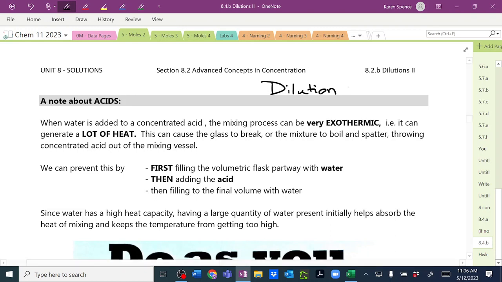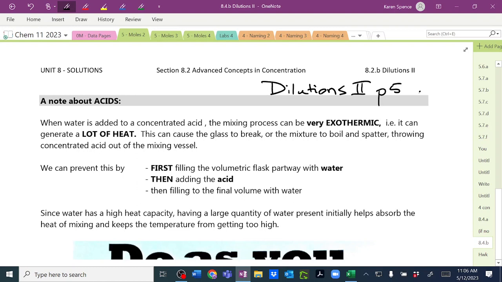Is there anyone who's away? Okay, and this note that we have is about acids.